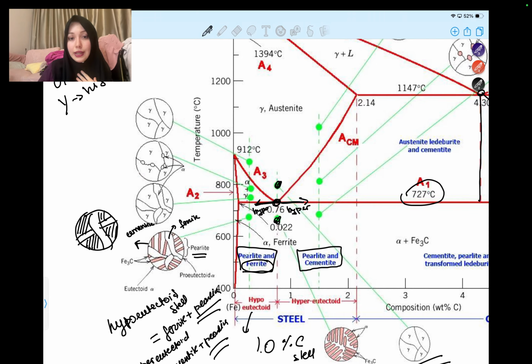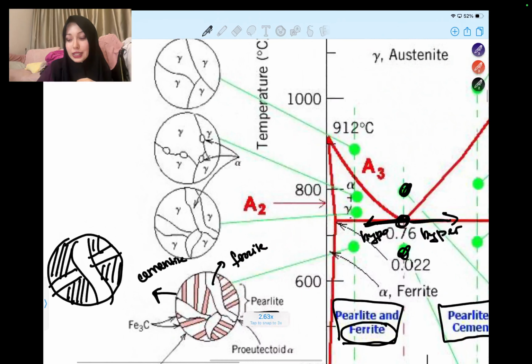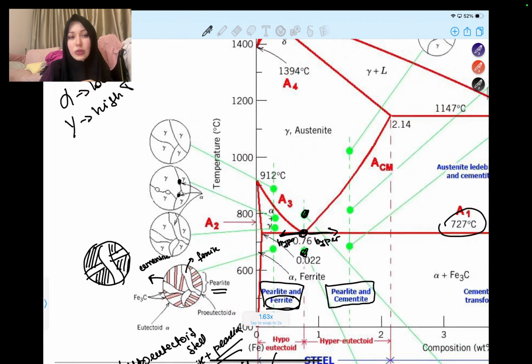So at higher temperature we have austenite, and as it starts decreasing, the bundles of the ferrite start forming.